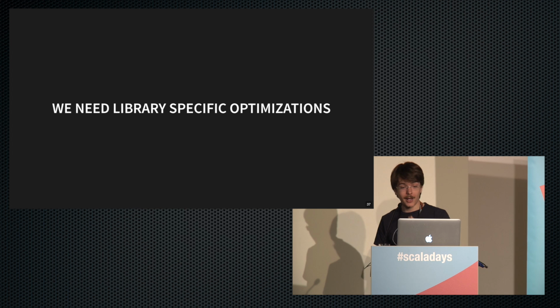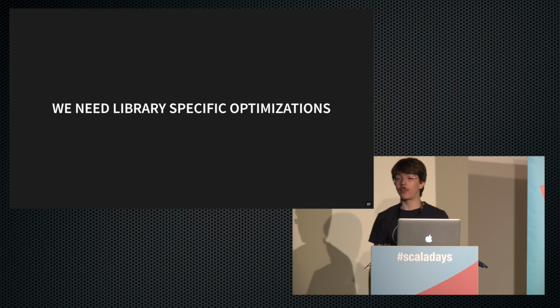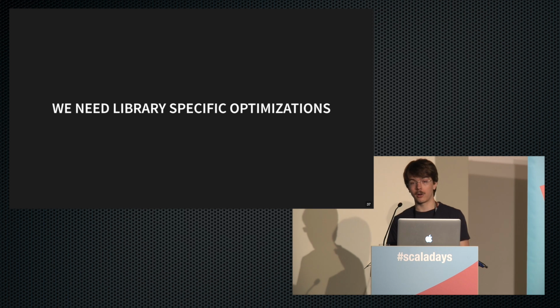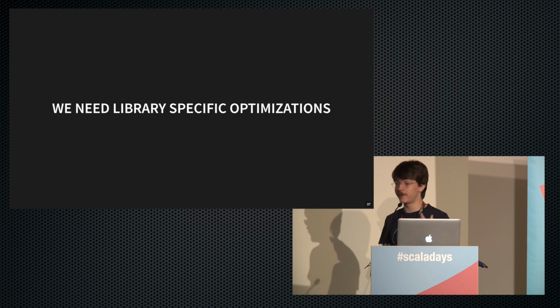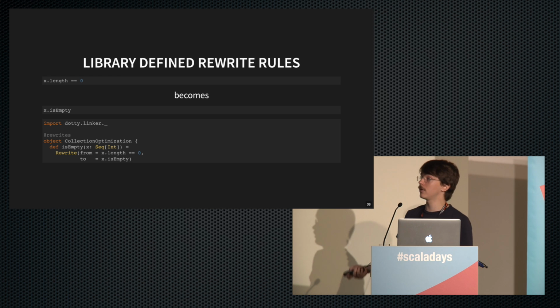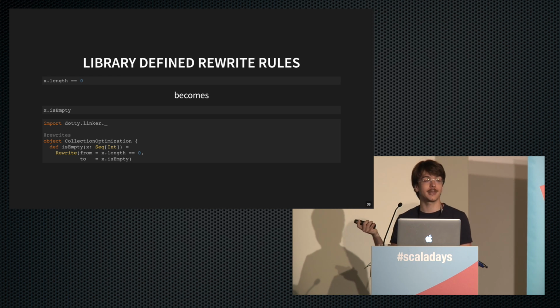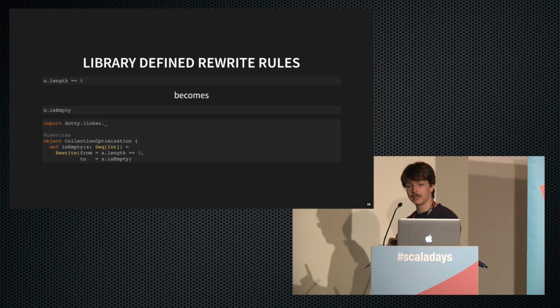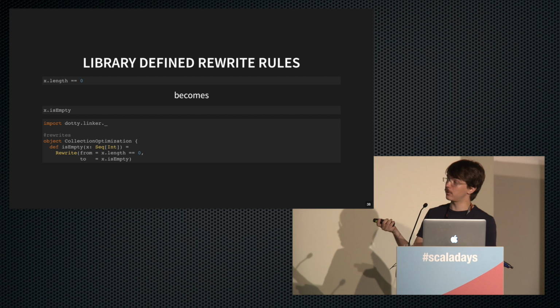So I believe that we need library-specific optimizations here. We need optimizations which know what kind of operations you are doing, what the ways are to combine those operations, and what the ways are to more efficiently do the same things which users do in their everyday life. So in this particular example with the list, I want this code, where x is a sequence, any sequence, list, vector, arbitrary sequence, to be replaced by this code.